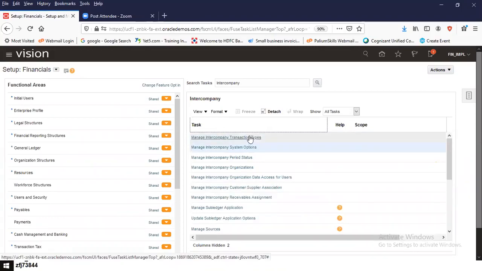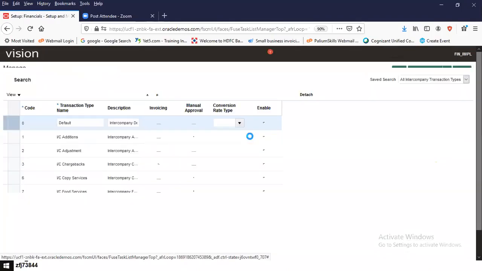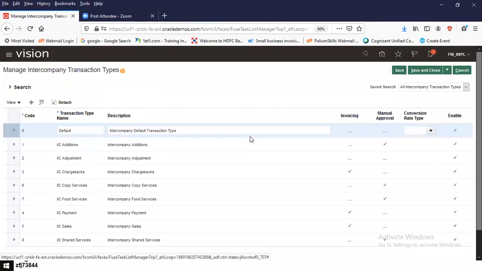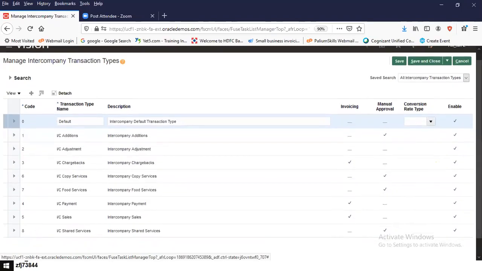Now, intercompany transaction types. It tells you what are the different transaction names that will appear. Usually these are all intercompany related at the receivables level.